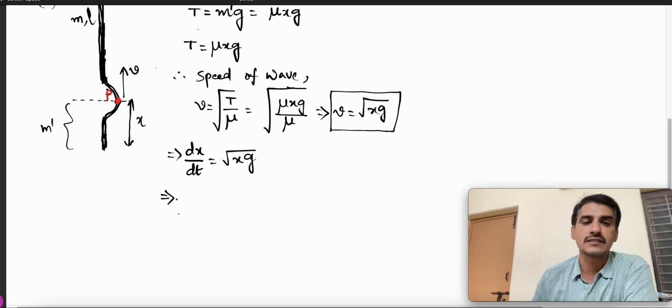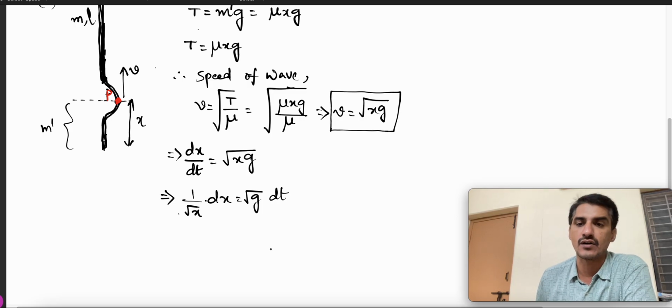Taking x values separately and t values separately, we get 1 by root x dx equals root g into dt. As g is a constant, I am taking it outside the integration.